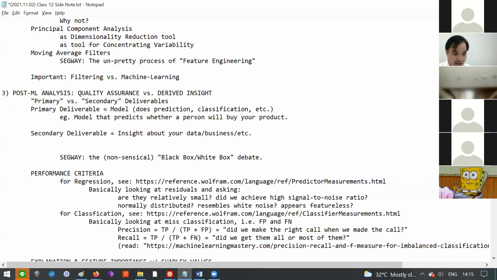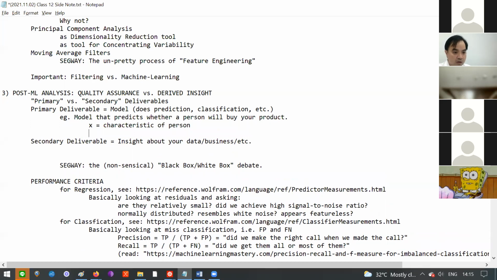So X is the characteristic of the person. Y of X is equal to either Boolean, true or false. Right? Okay, likely or not likely. Okay, right? So that's it.